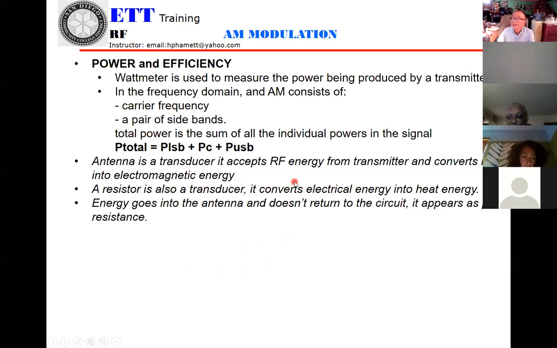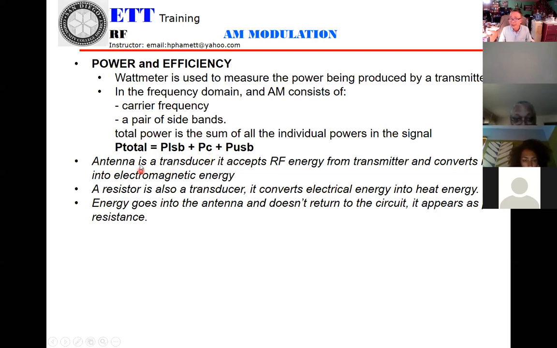Yes. Okay. So now they're telling you that for the transmitter you get the carrier transmitted, and you get the sideband also transmitted. But with the sideband you get both the upper side and the lower side.